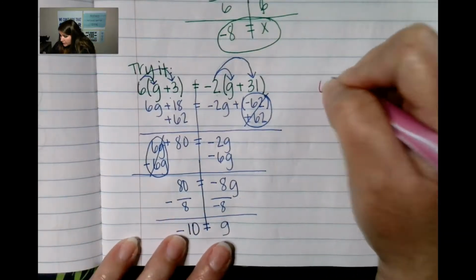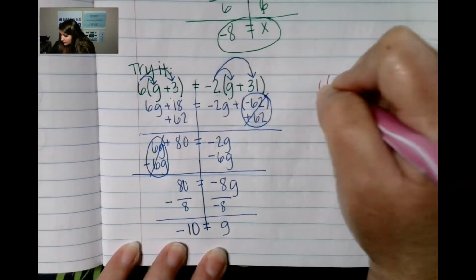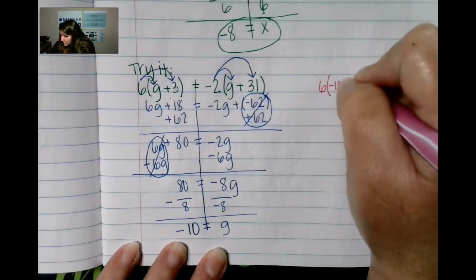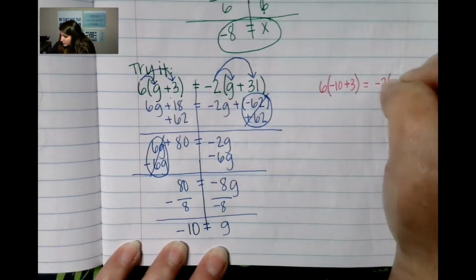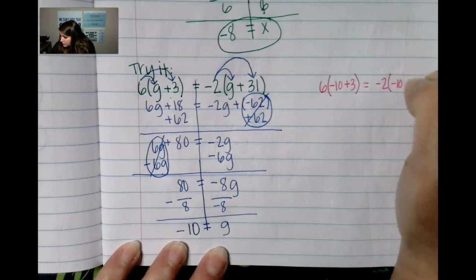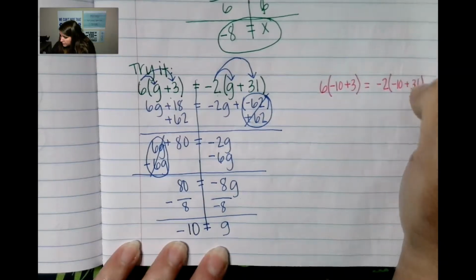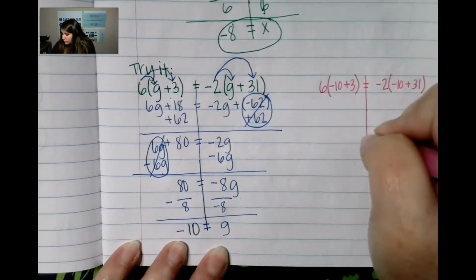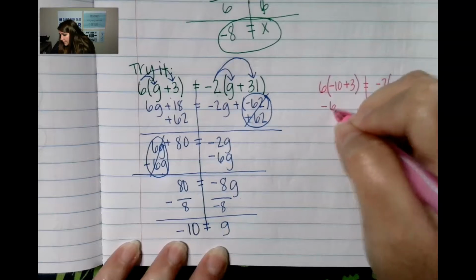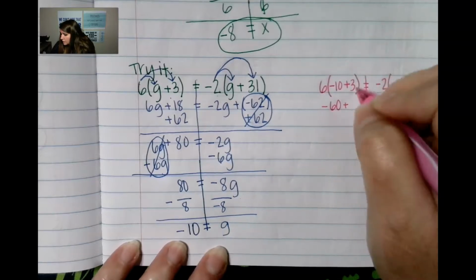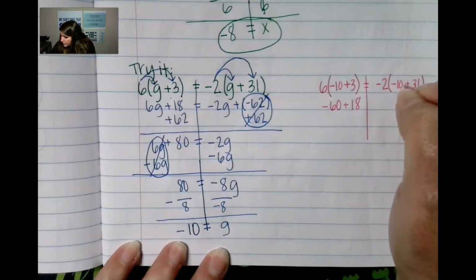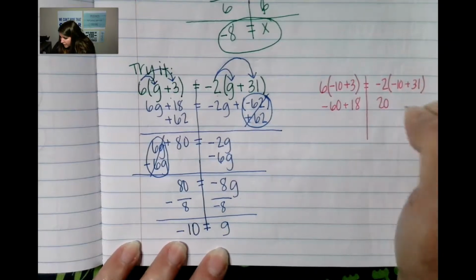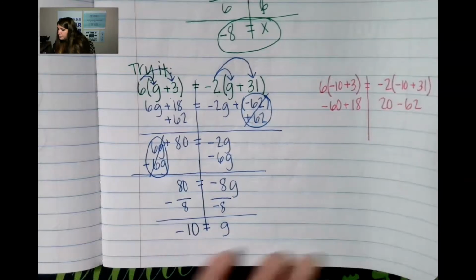So I have 6 times -10 plus 3 equals -2 times -10 plus 31. Okay, and we'll just keep going. -60 plus 18. And negative times negative is a positive 20 minus 62.